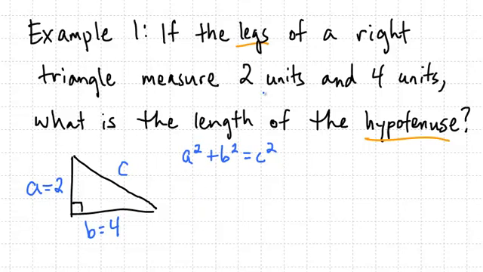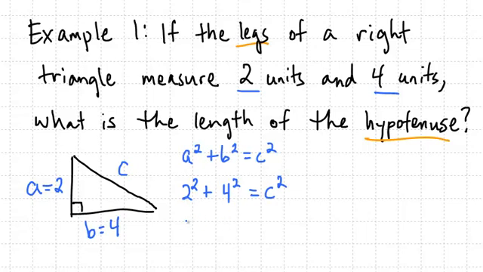And the problem gives me the value of A and the value of B. Okay. Does it matter which one I call A, which one I call B? No, it really doesn't. Okay. But it does matter which one I label the hypotenuse. So A is, I've labeled 2, so 2 squared. B I've labeled 4, 4 squared should be equal to C squared.